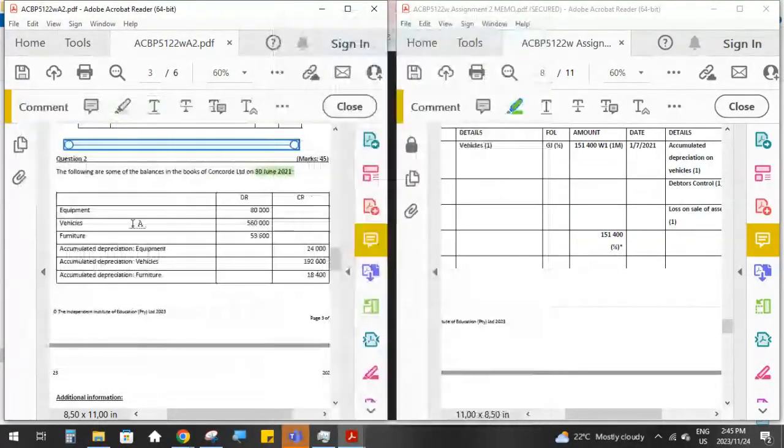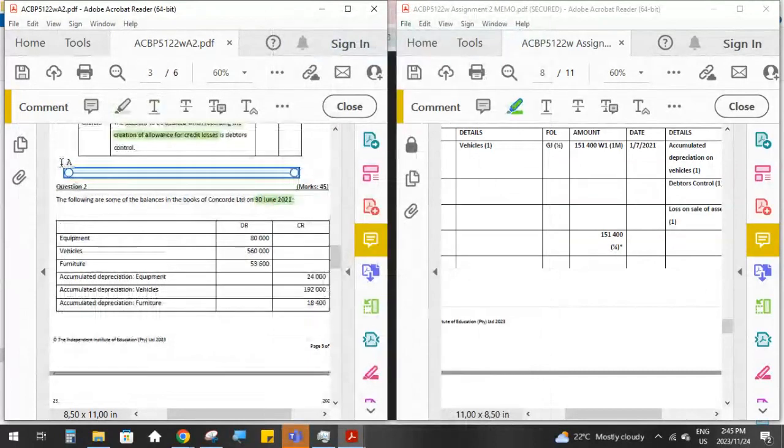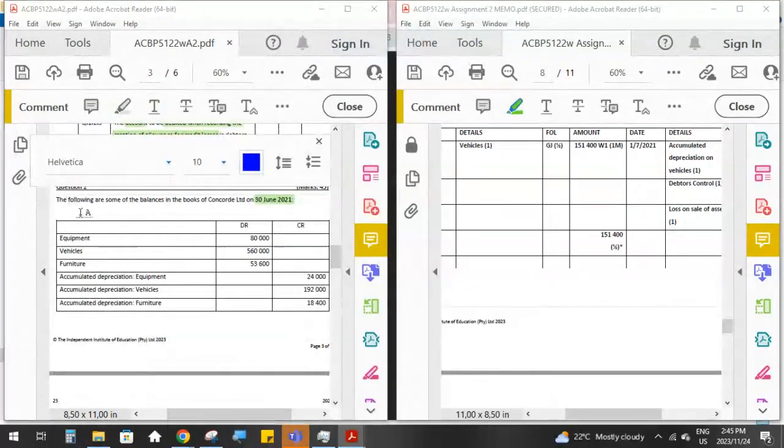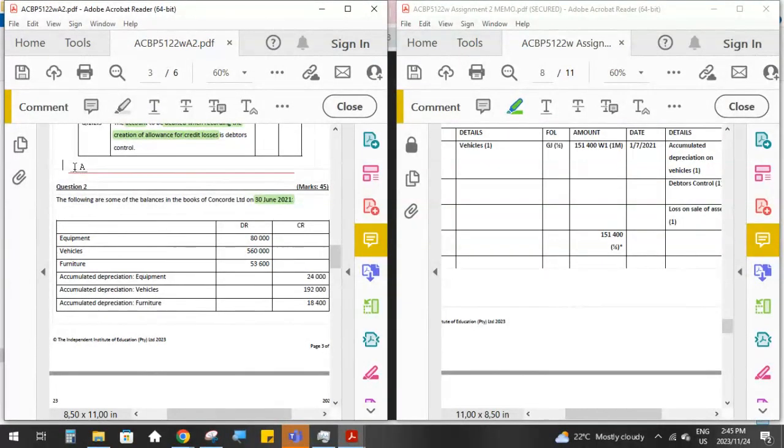Okay, and we want on that timeline, 10, that should be fine. The month of the beginning of the year: if our year end date is the 30th of June 2021, our year would have begun on the 1st of July 2020, and the year will end on the 30th of June 2021.